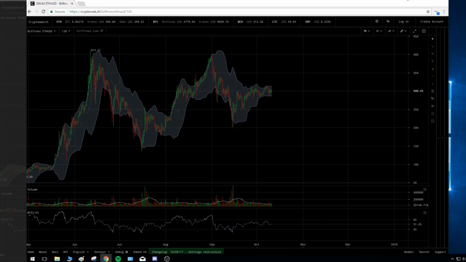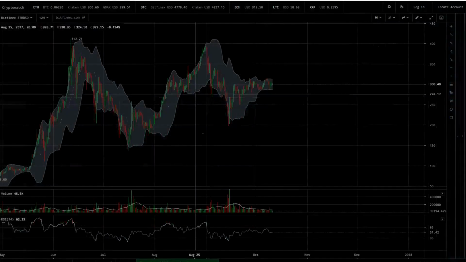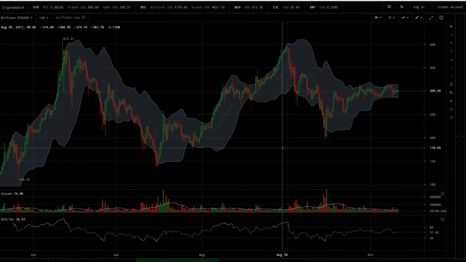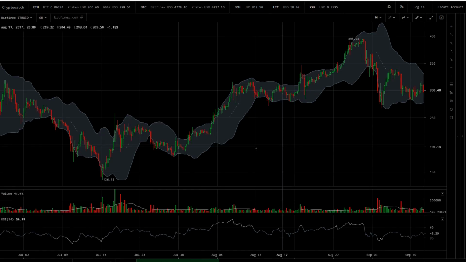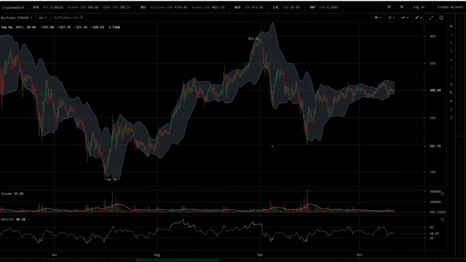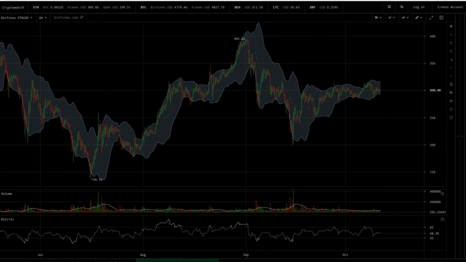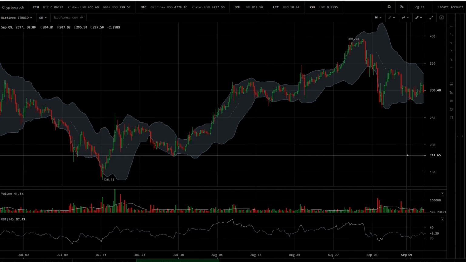So let's go over a couple of examples of RSI and different applications of the RSI. If we're looking at the 6-hour chart here for Ether, this is ETHUSD on Bitfinex.